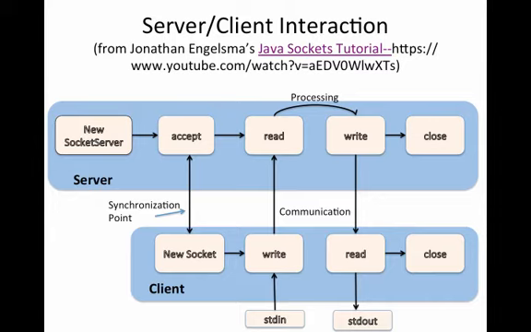And each of those sockets has a write stream and a read stream. So the client will write to its stream, and when it does so, any output from that write stream is put into the read stream for the server. The server can now read from that stream, do some processing, and typically will then write into its output stream.